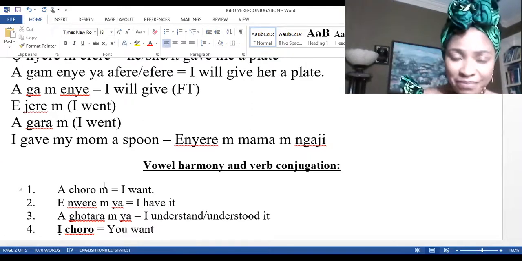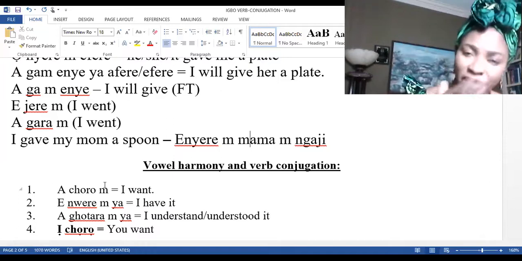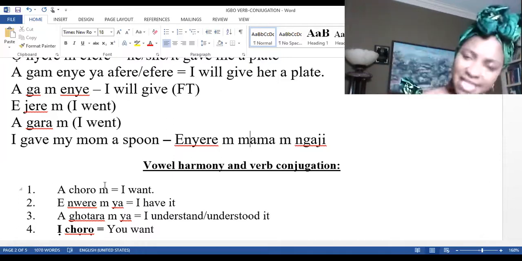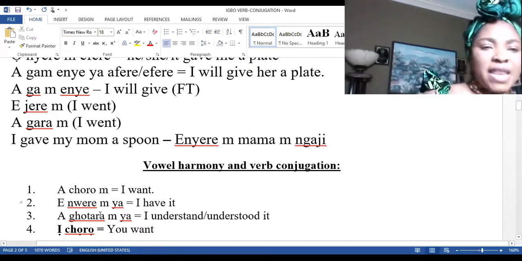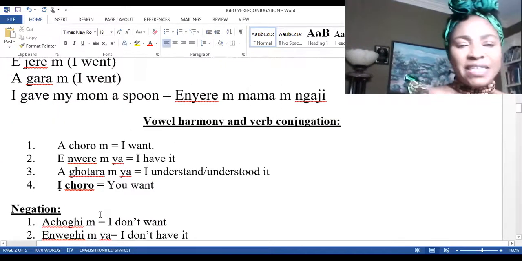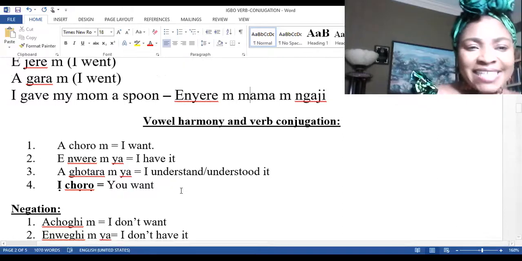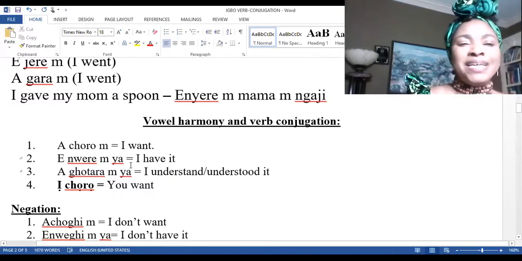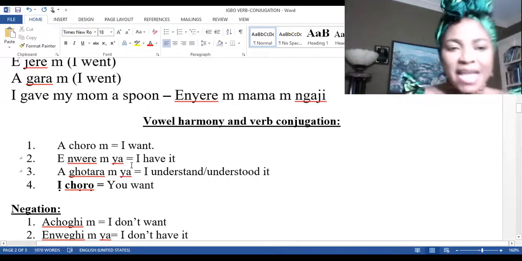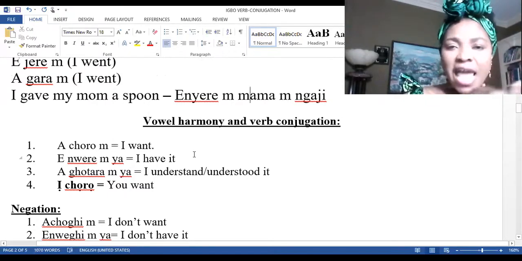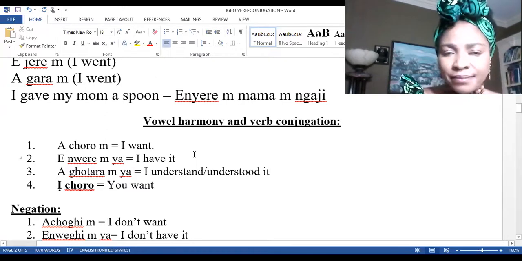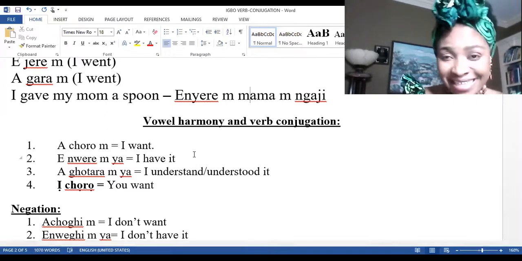My dad gave me, my mom gave me. So all these things, nyere, nyere, okay? Don't forget how to do all this. Now, enwerem ya, I have it. Ya is it. Enwerem means I have. Ya represents it. Enwerem ya means I have it.